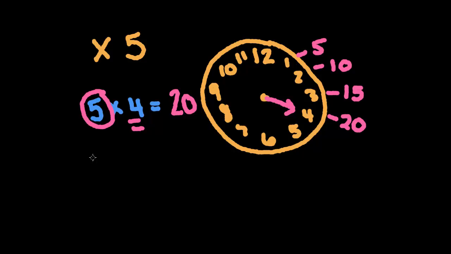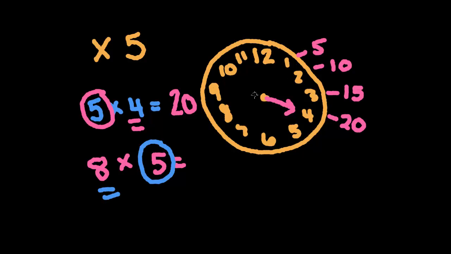So if we do another one, if we do 8 times 5, again, we will circle the 5 because that's the rule we're using. So the action is going to be on the 8. So this time I'm going to put my hand over here on the 8 and say, well, how many minutes past the hour is it if my big hand is on the 8?